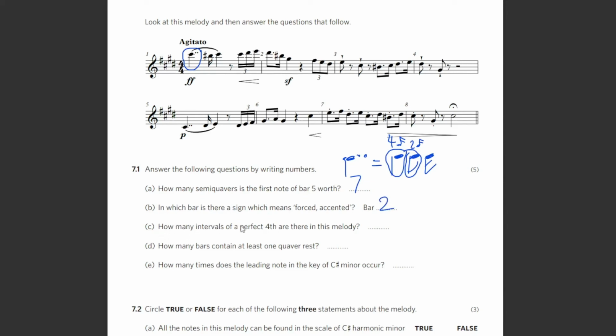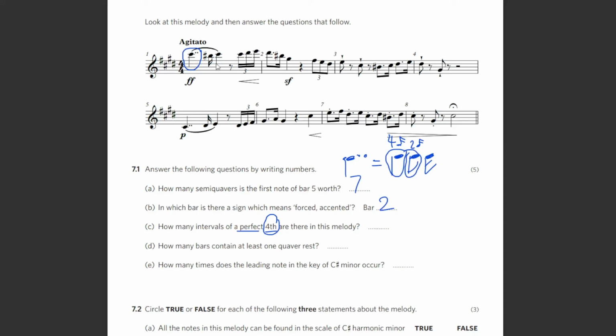How many intervals of a perfect fourth are there in this melody? This one is a bit tedious. I suggest you look for a fourth between 2 adjacent notes, then check whether it is a perfect fourth.